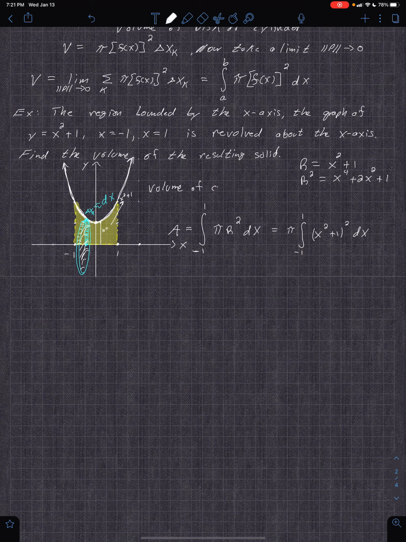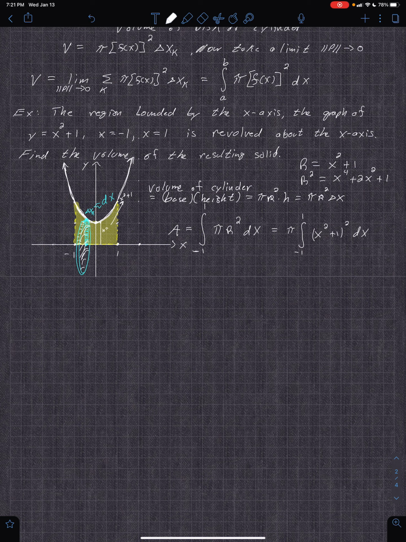Volume of cylinder is equal to base times the height. So base is your pi r squared, and then your height, h, is your delta x. So it's pi, just use capital, pi r squared, and then that's your delta x.